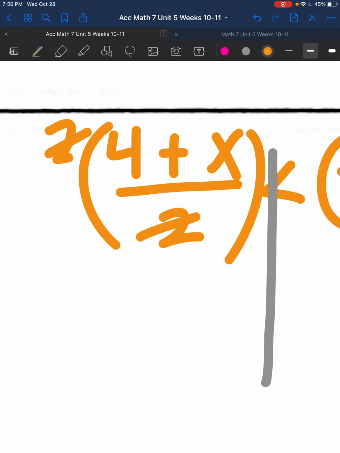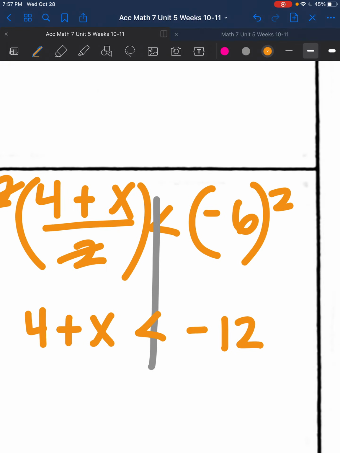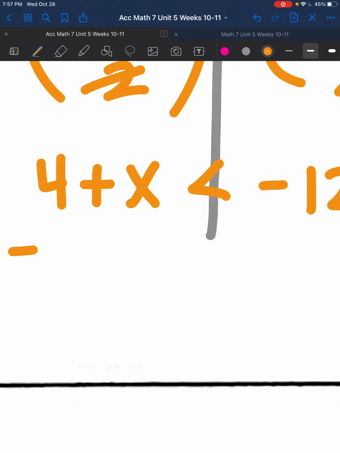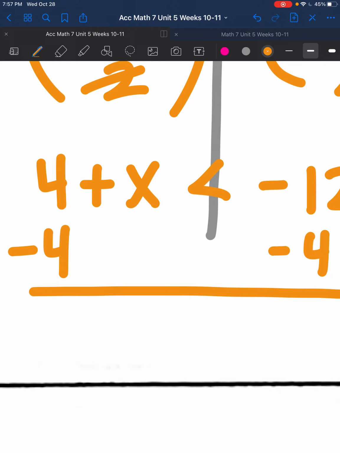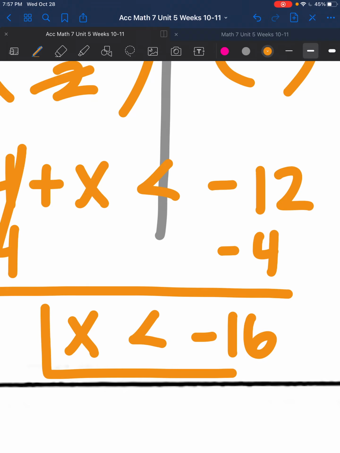So my 2's cancel out over here, and I'm left with the numerator only. 4 plus x is less than, and negative 6 times 2 is negative 12. Now, to get that x by itself, I need to subtract 4 on both sides. My 4's cancel out, and I'm left with x is less than negative 16. That's my solution.